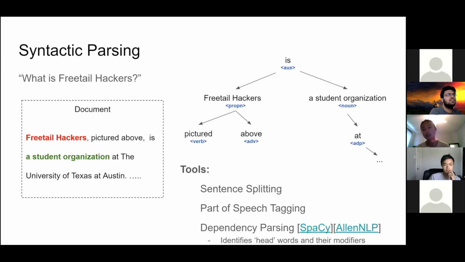We can see here that the main verb is the word is, and that connects Freetal hackers and a student organization, these two phrases. Furthermore, we can see that all these other phrases, such as the phrase pictured above, modify Freetal hackers directly. And we can also get part of speech tags for all of this.